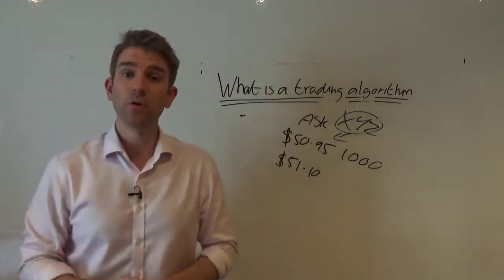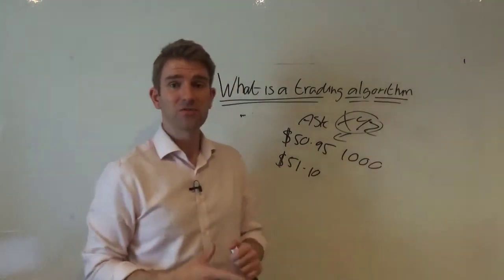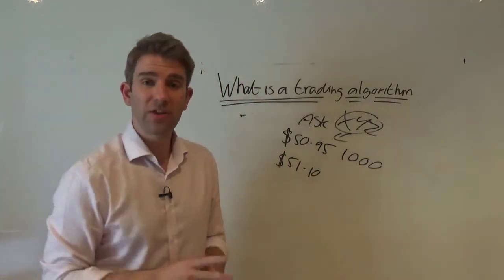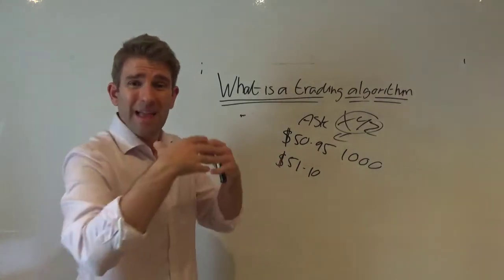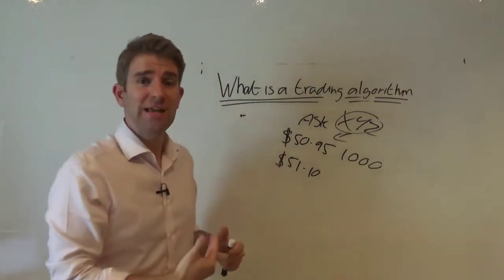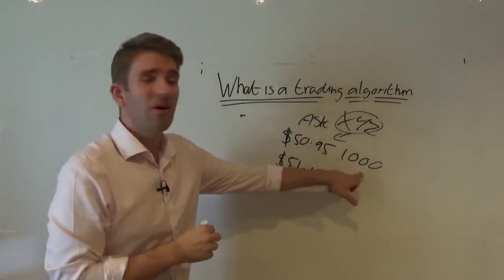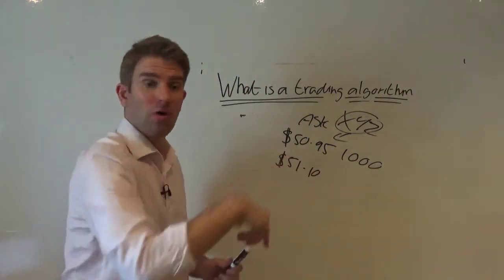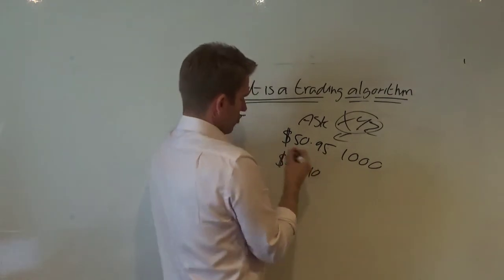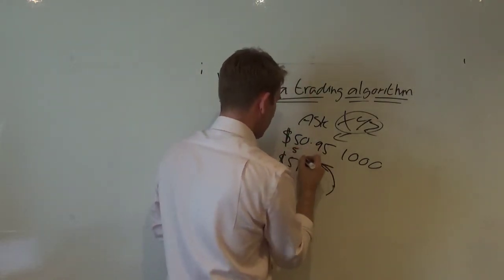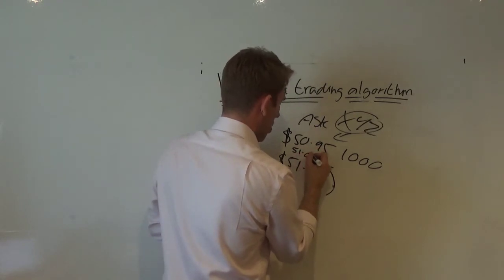So what HFT would do is, you put your market order to buy 1,000 shares. HFT would see that and go, whoa, this guy wants to buy 1,000 shares at market. And before the order would hit the exchange, they would buy those 50.95s and they would put an offer in at, this is an extreme example, 51.09, for example.